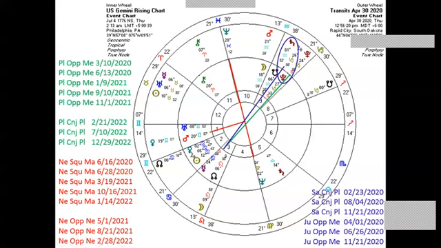Look what's happening. Neptune square Mars 5 times, Neptune oppose itself 3 times, and we've had this little virus come through and wipe out everything that has been a progressive gain over the last 3.5 years of Donald Trump.